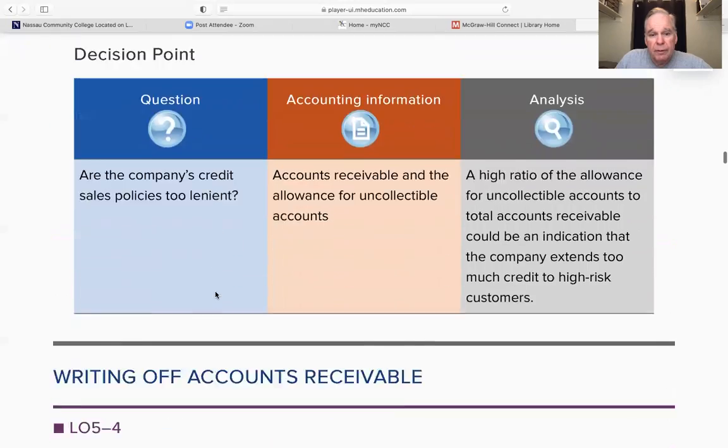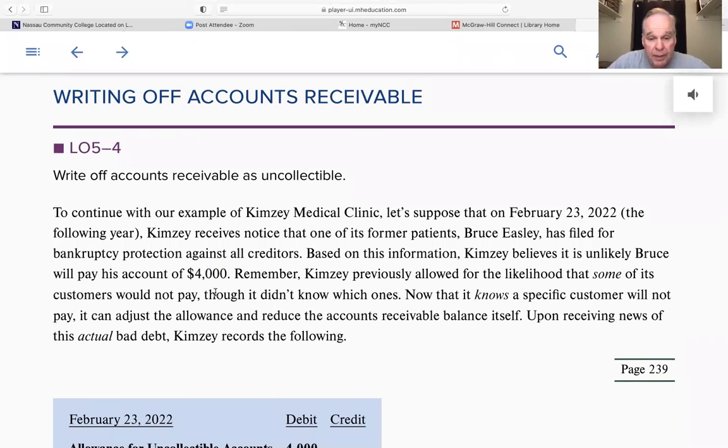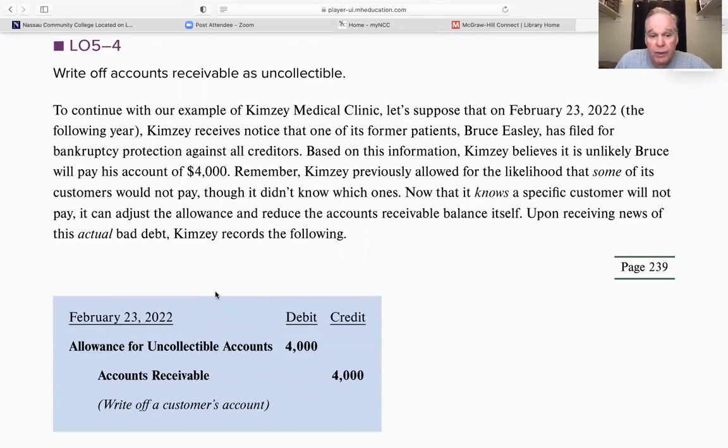Now, a lot of you might be tempted to debit bad debts expense, right? Because that would make a lot of sense. Debit bad debts expense. However, bad debts expense, you only debit what day? December 31st, right? In this case, this is February 23rd. So you can't debit bad debts expense. You have to debit something else. The account that you debit is allowance for uncollectible accounts.